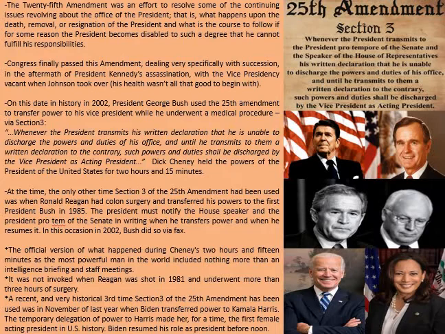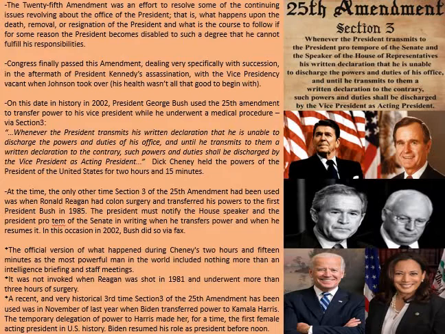So the answer to the previous trivia question was, of course, Section 3 of the 25th Amendment to the U.S. Constitution. Now, the 25th Amendment was an effort to resolve some of the continuing issues revolving about the office of the presidency.